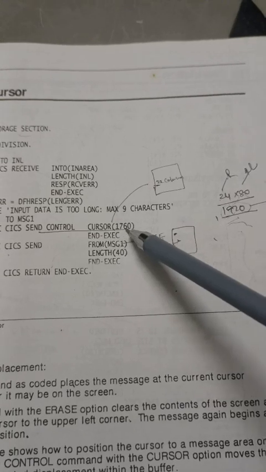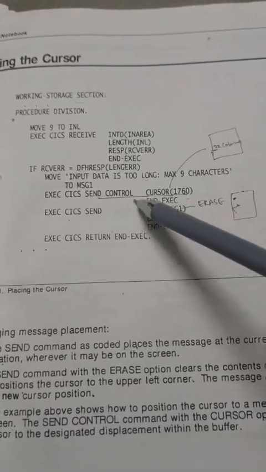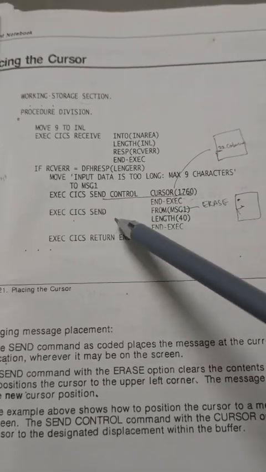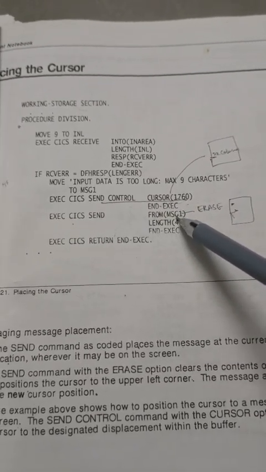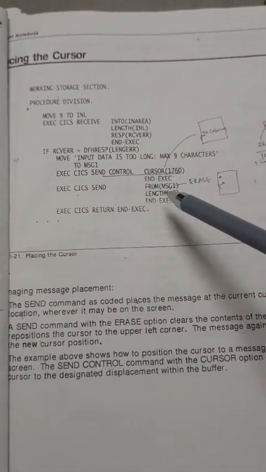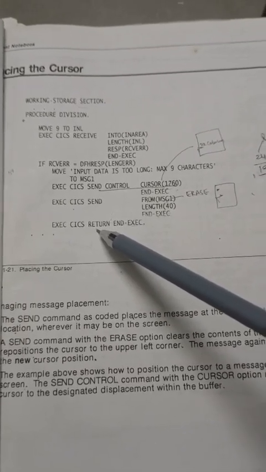But I am passing this error message at 1760. Then you have to mention the send control cursor position, the position of the cursor where you are going. Then you have to mention the send message from the variable name, the error message I am going to pass, that length 40 characters, and return terminate. What is the return?